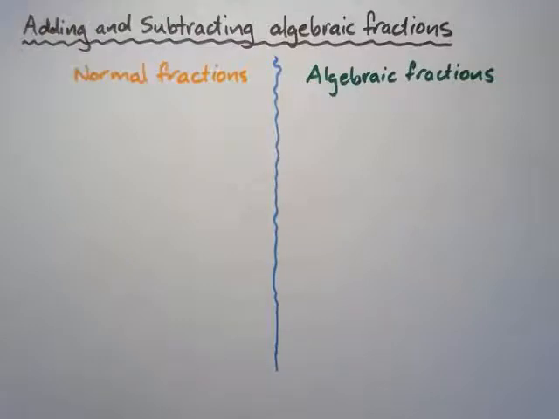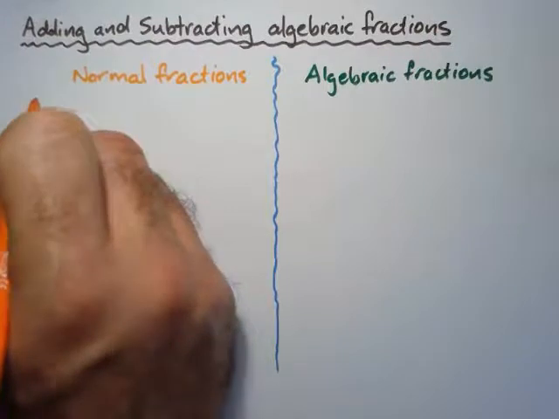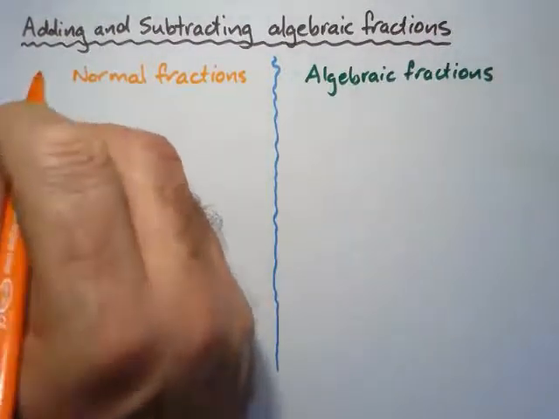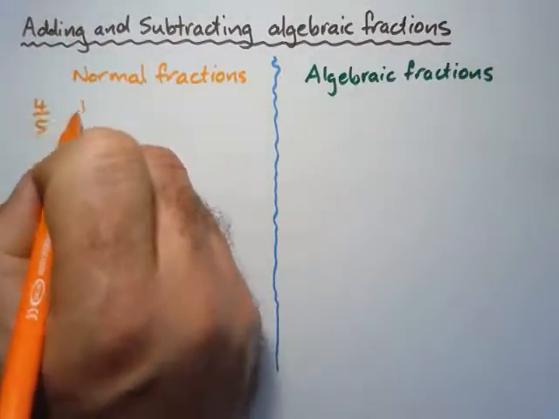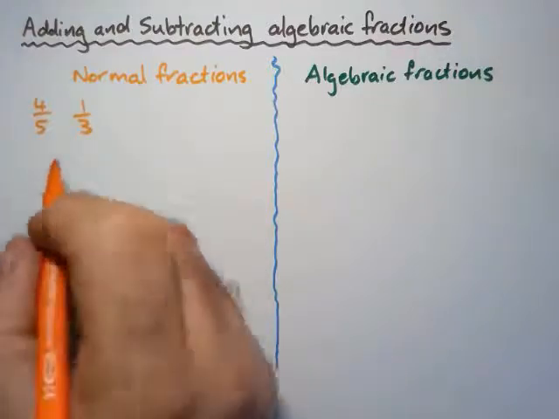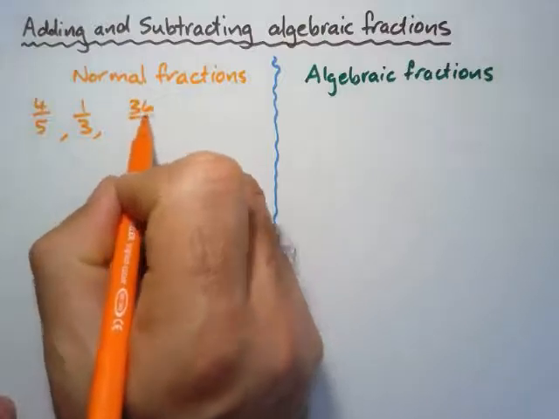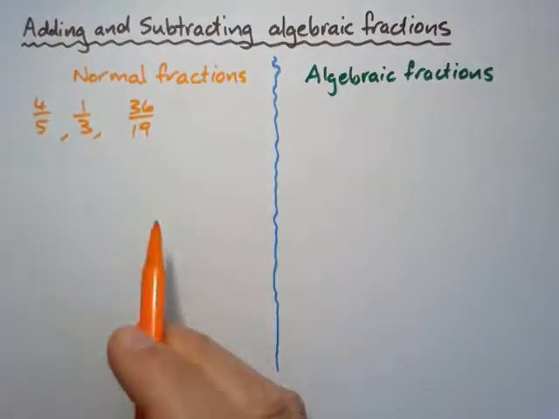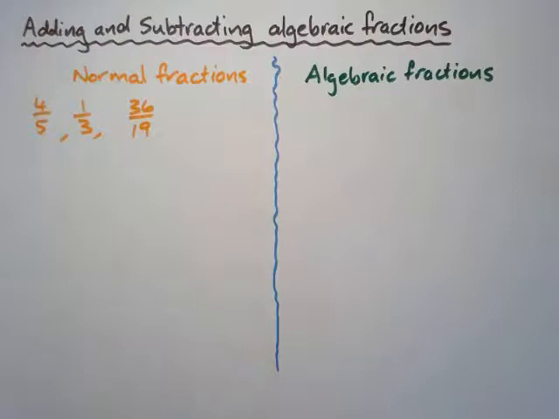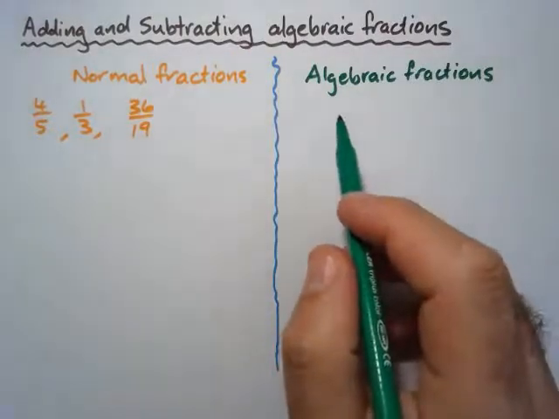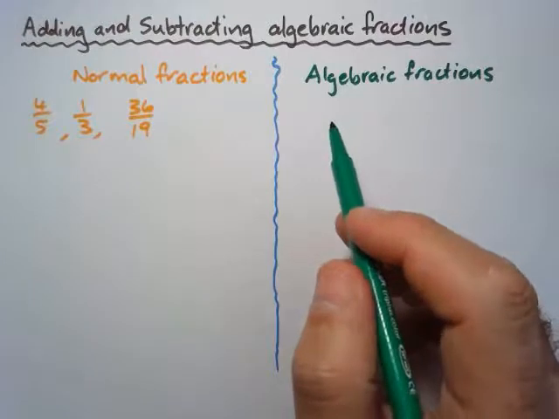So examples of a normal fraction would be something like 4 over 5, or a third, or 36 over 19. That's normal fractions. What are algebraic fractions? Algebraic fractions have a numerator or a denominator that contains pronumerals.